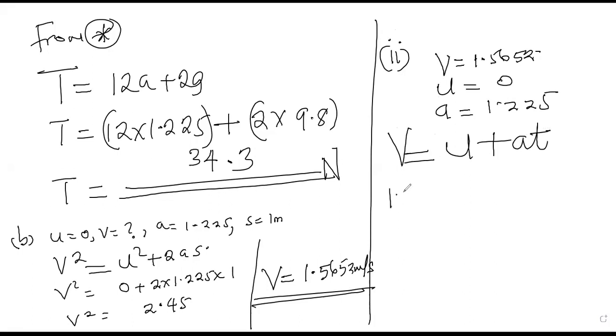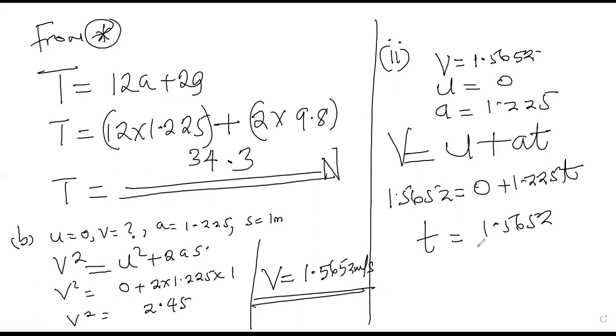So 1.5652 equals U, which is 0, plus acceleration, which is 1.225, times T. Okay, so my time will be equal to 1.5652 over 1.225.